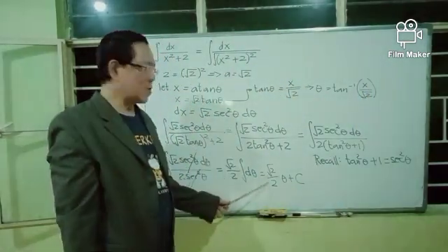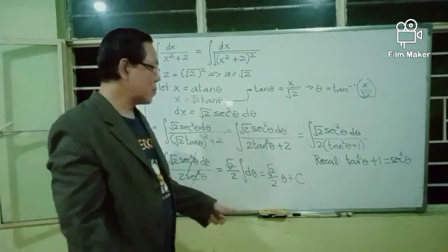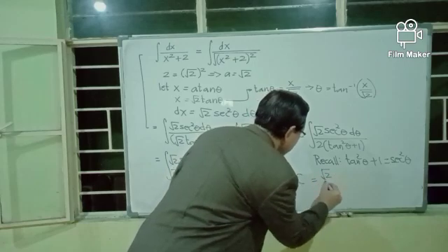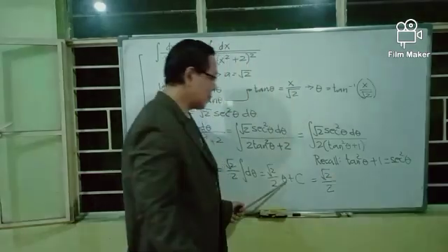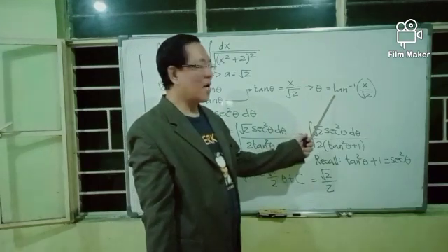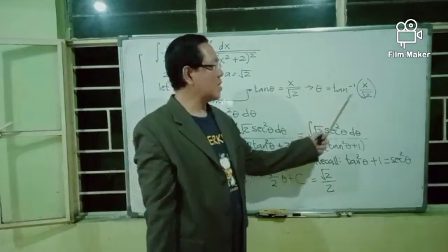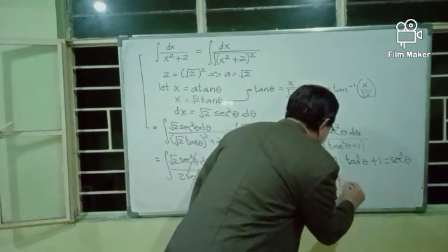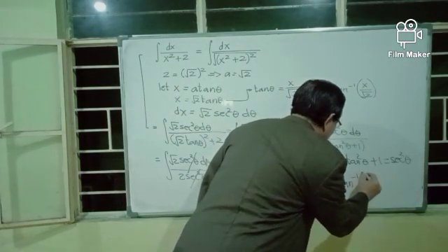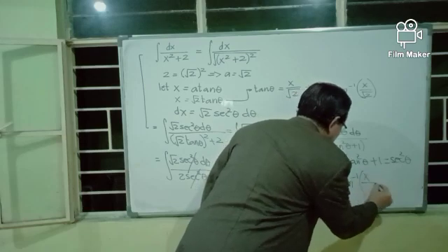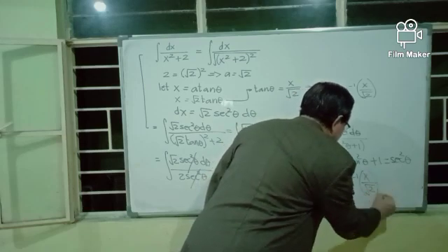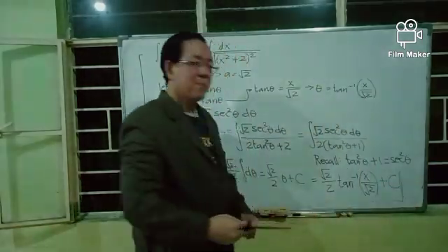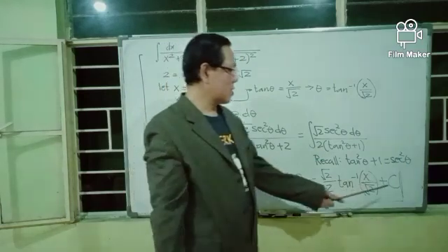Therefore, this is now equal to square root of 2 over 2, multiplied by theta. Theta is shift tangent or inverse tangent of x over square root of 2, plus the constant of integration c.